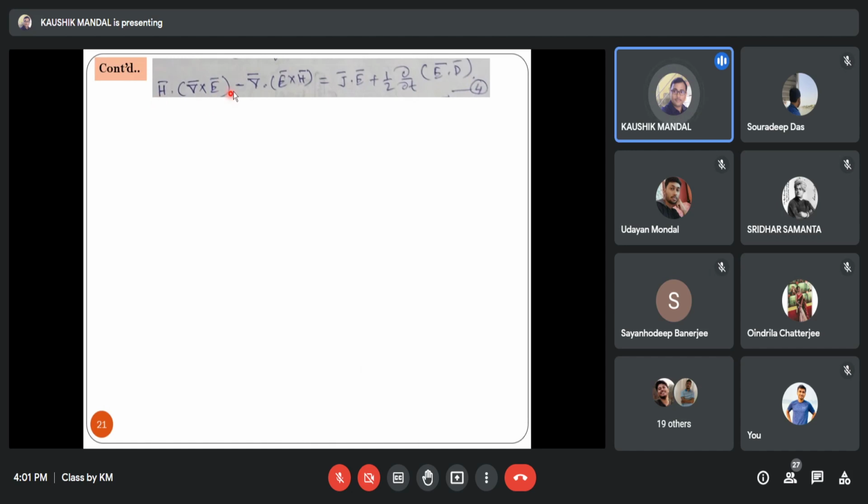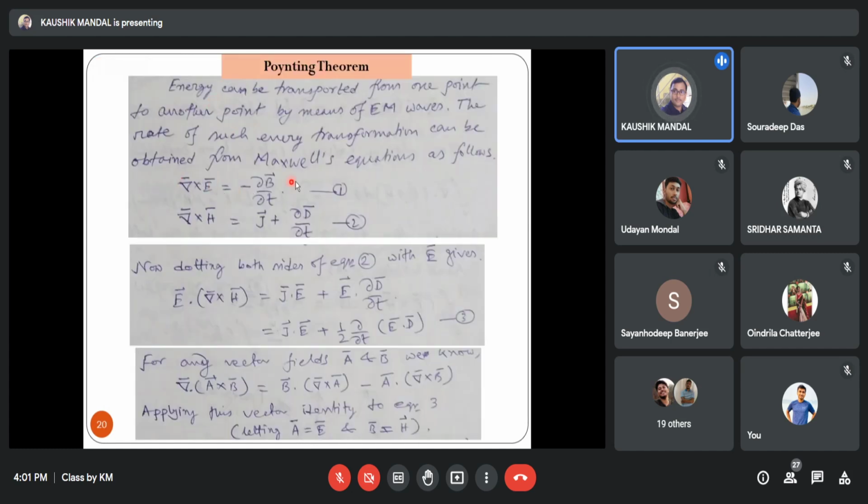Now, how can we find out this H dot curl E? In the basic Maxwell's equations, we have considered curl E equals minus del B del t.